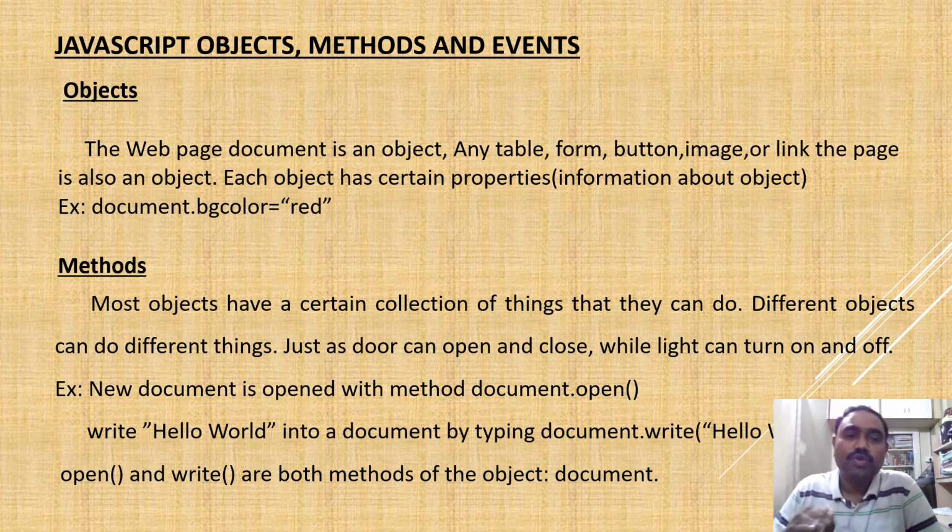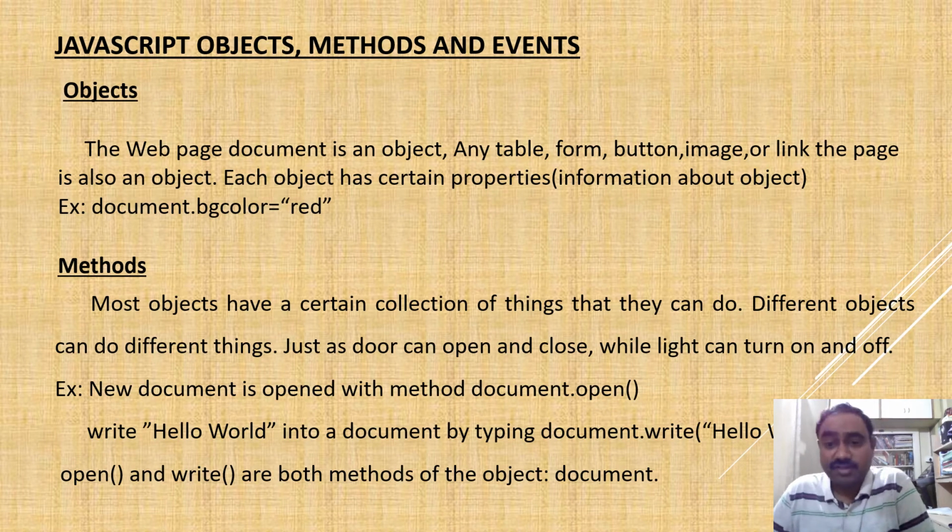Example, a new document is opened with the method document.open. So for a method, the parenthesis is there, and easily you can identify that function name. So here document.open, and one more example is there. You see document is an object, open is a method.